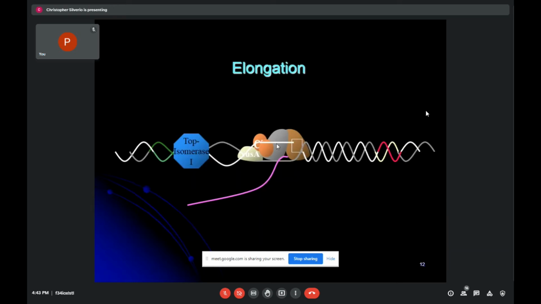So as you can see, as the RNA polymerase moves forward, there is an elongation of the messenger RNA. And then when the RNA polymerase reaches the termination sequence, the transcription will stop.